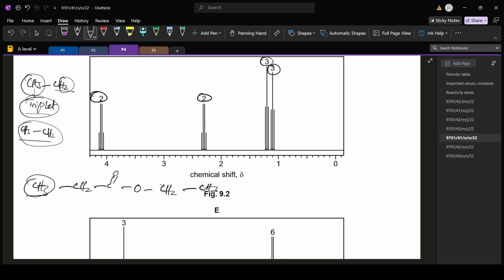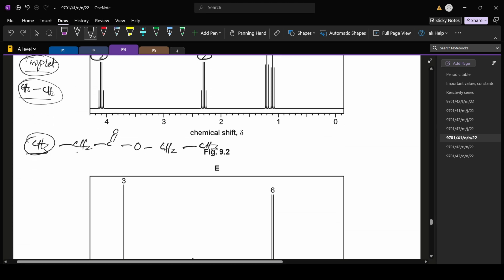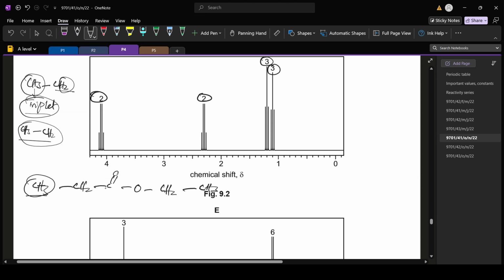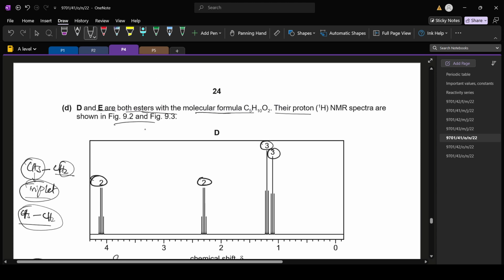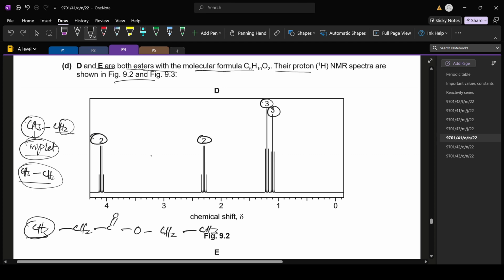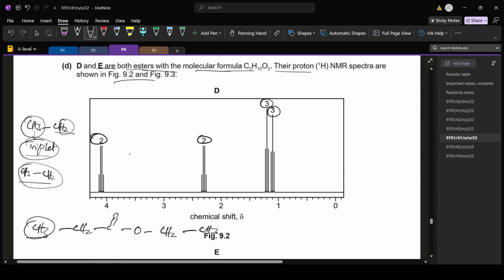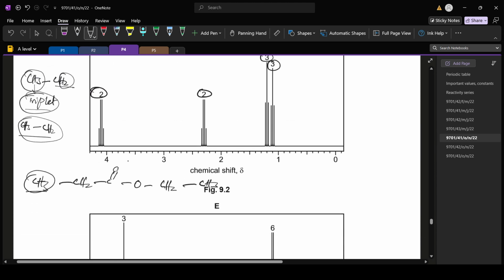This is your structure for D, which is CH3 CH2 C double bond O, then the ester linkage, and then CH2 CH3. I already told you that there will be two CH3 CH2 groups, and you can check D by further analyzing it, but this is the final structure of D.